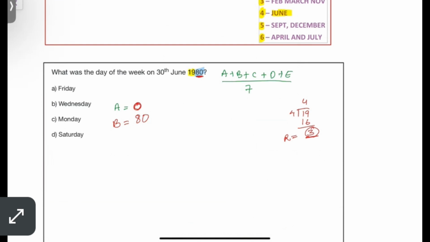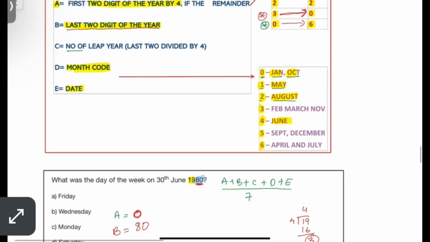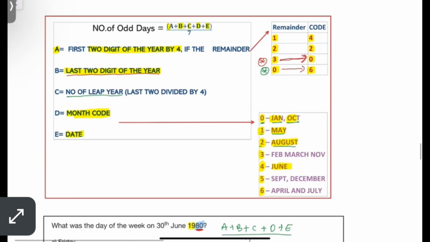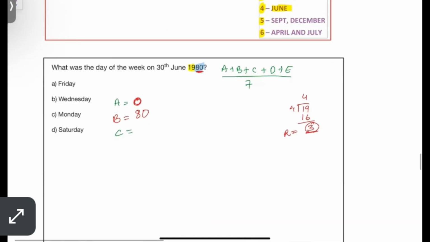Next, let's find C. C is the number of leap years. How do we check the number of leap years? Last two digits of the year divided by 4. The last two digits are 80, divided by 4.